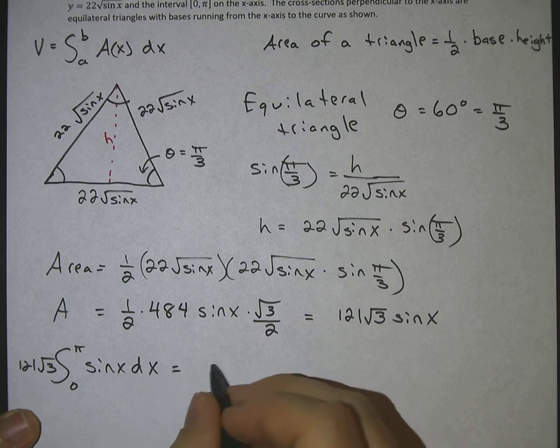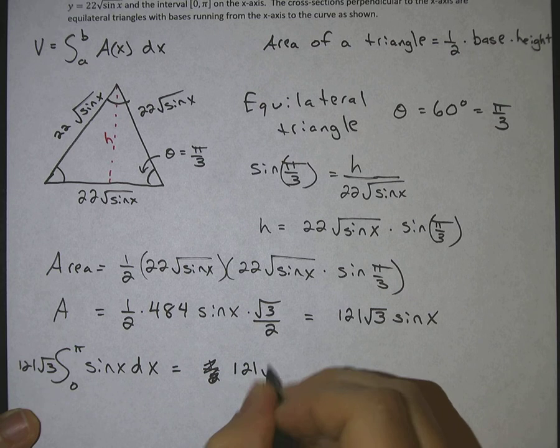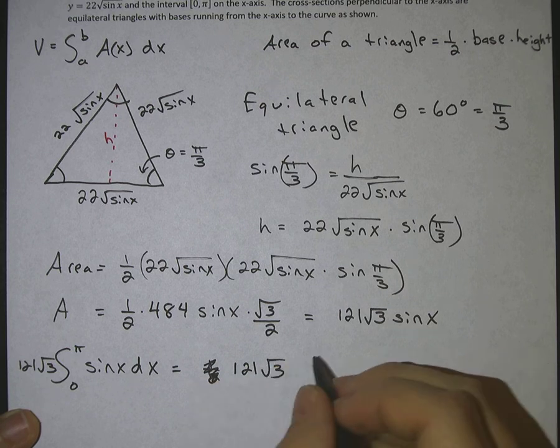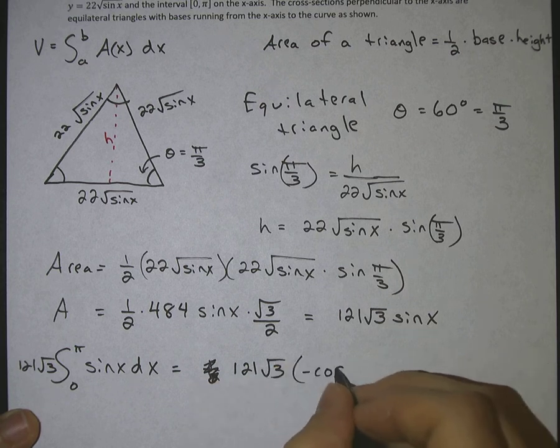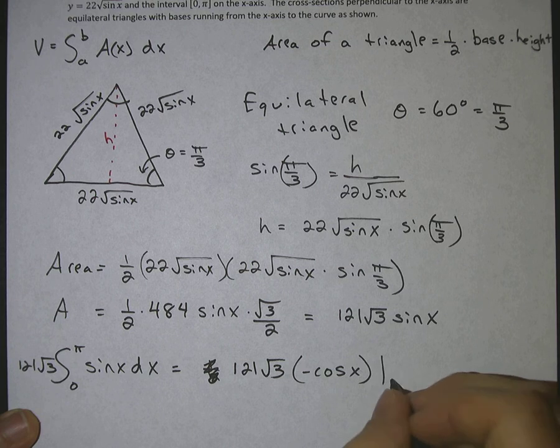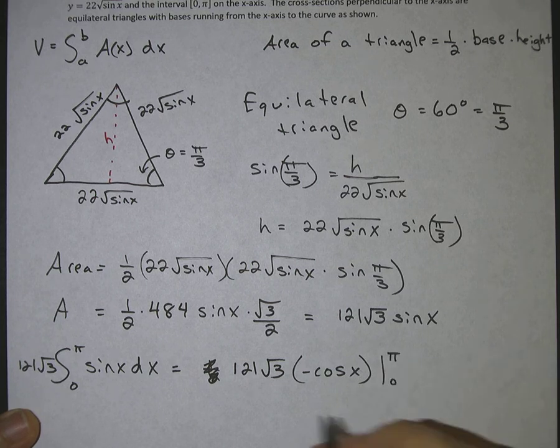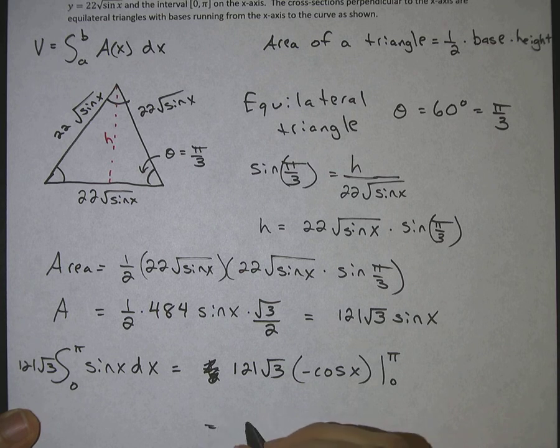That will give me 121 root 3 times negative cosine x, integrated from 0 to pi. Plug in your limits, pi and 0, and you'll get a final answer of 242 root 3.